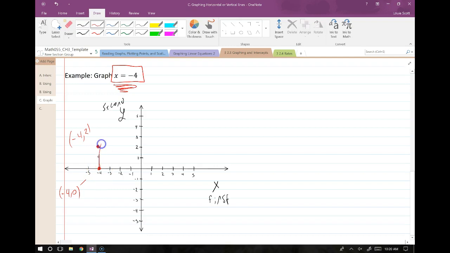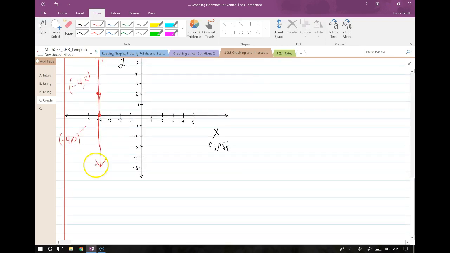That's why we draw a vertical line at x equals -4. Any point along this line is going to be true. Even way down here, as we keep going far, far down, the point -4, negative 1,000, 10,000, that's still true. As long as x is equal to -4, the equation's true. That's why we draw a vertical line down to infinity.